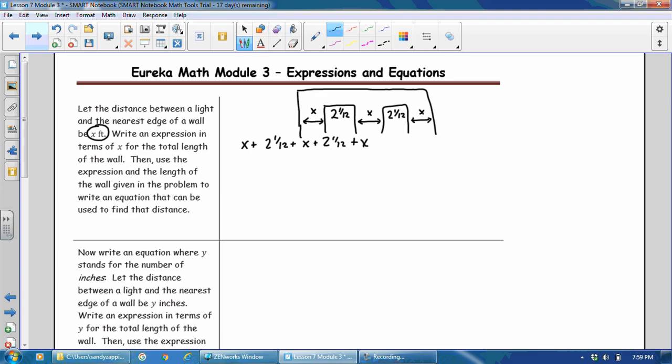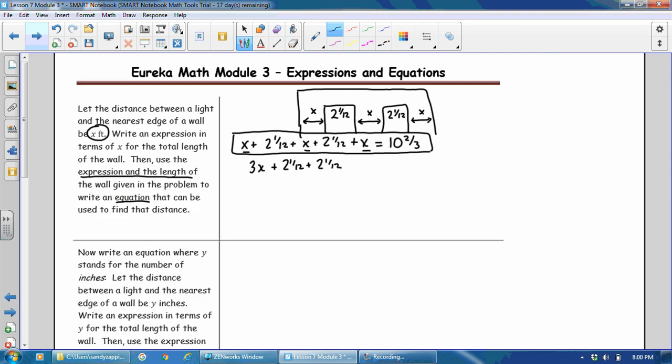Then use that expression and the length of the wall given in the problem to write an equation. So this length for the wall is equivalent to the whole distance of 10 2/3 feet. So this is our equation. We can simplify that. We do have like terms. We have x, x, and x. So let's go ahead and combine that. That's 3x. And we also have 2 1/12 plus 2 1/12.